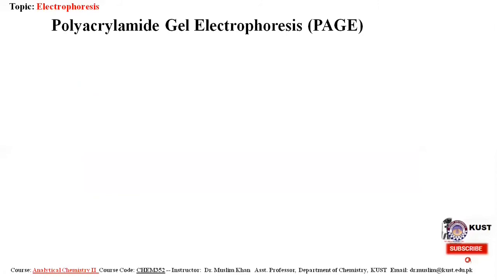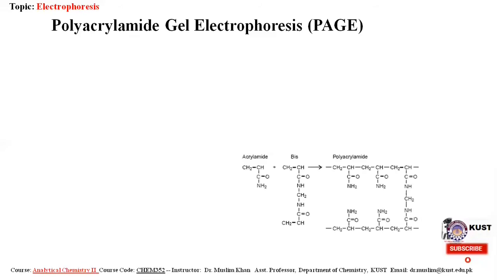The next one is polyacrylamide gel electrophoresis, PAGE. This is acrylamide, and when it is treated with this molecule it becomes polyacrylamide, meaning a polymer.